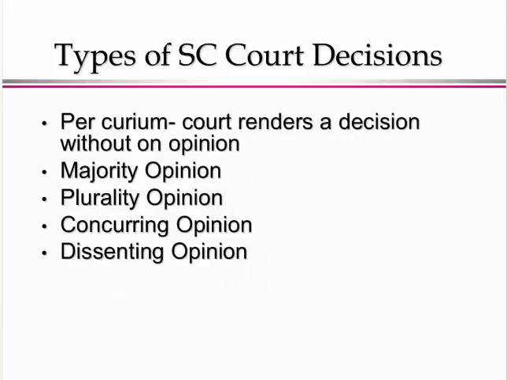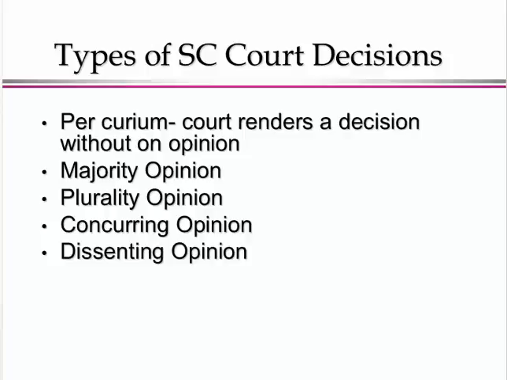Now, once it gets to the Supreme Court, after it has heard the hearing and read the briefs on the question, the court renders any one of several different kinds of decisions. The first is a per curiam, where they simply decide, but they don't tell you why. A majority opinion is the opinion of 5 or more justices.